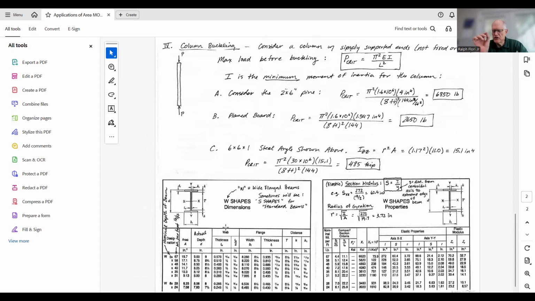The middle section is called the web. Then the flange dimensions, the width and the thickness of the flange. Over here, you have I, which is the area moment of inertia about the XX axis, which is basically this axis. And there's an area moment of inertia about the Y axis.